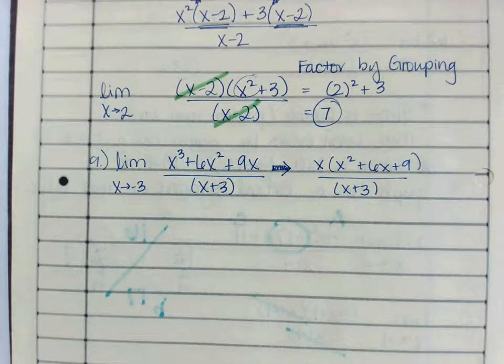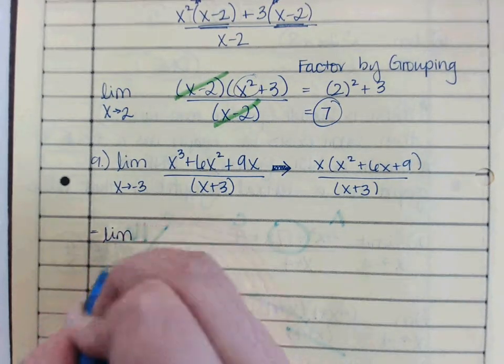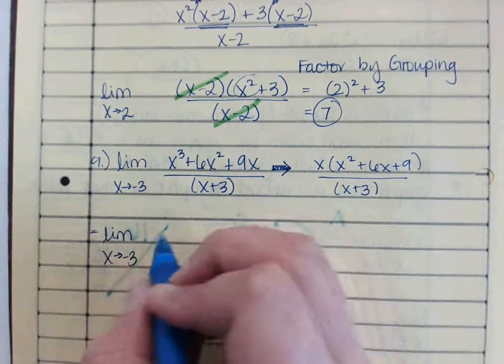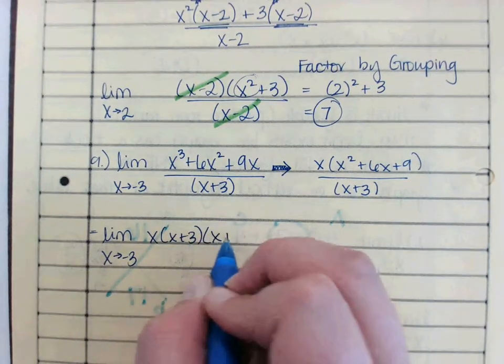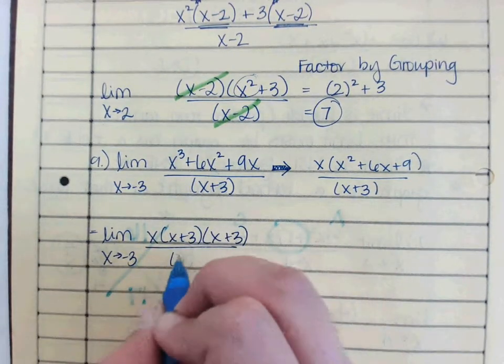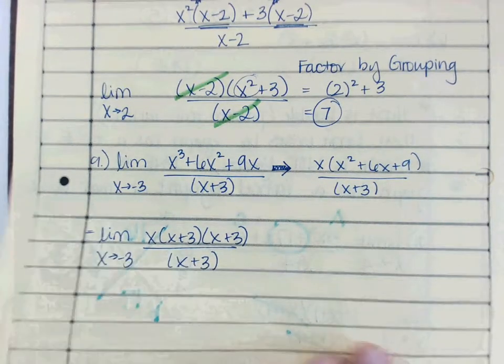But if it's a regular x, put them both over x, those are your factors. X plus 3 and then x plus 3 again. So I'm going to have the limit as x approaches minus 3 of x times x plus 3 times x plus 3 again over another x plus 3. Can all of the x plus 3's cross out?